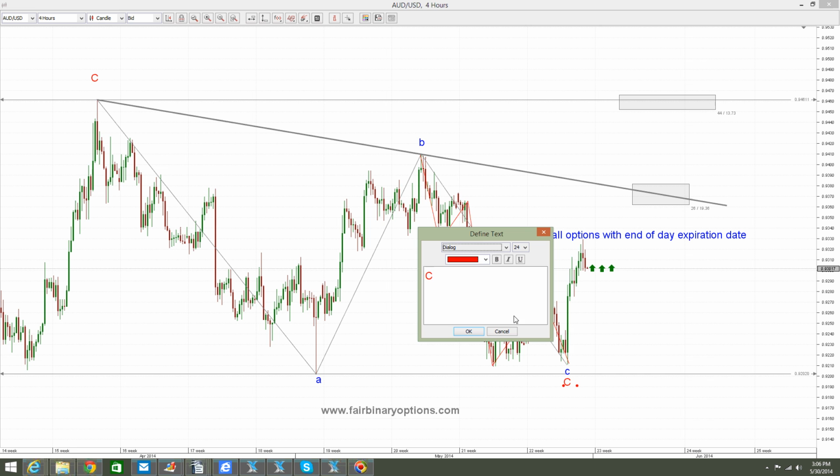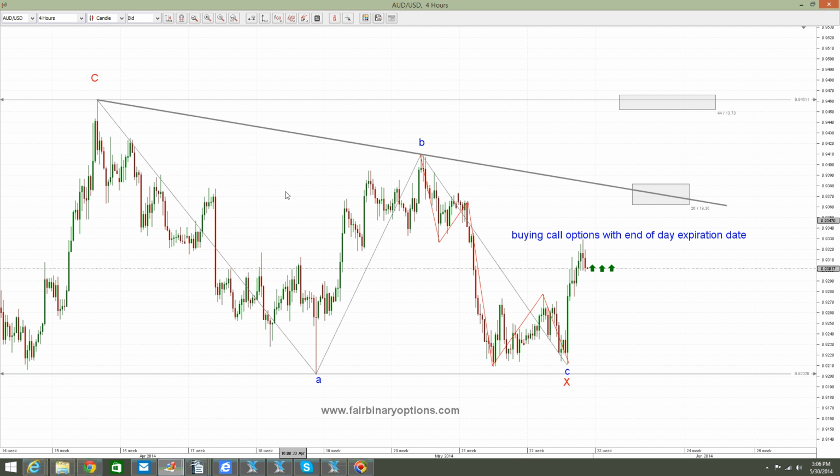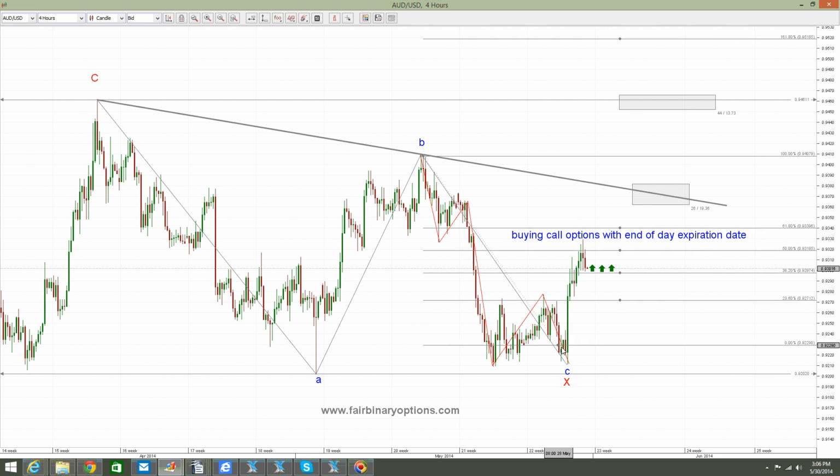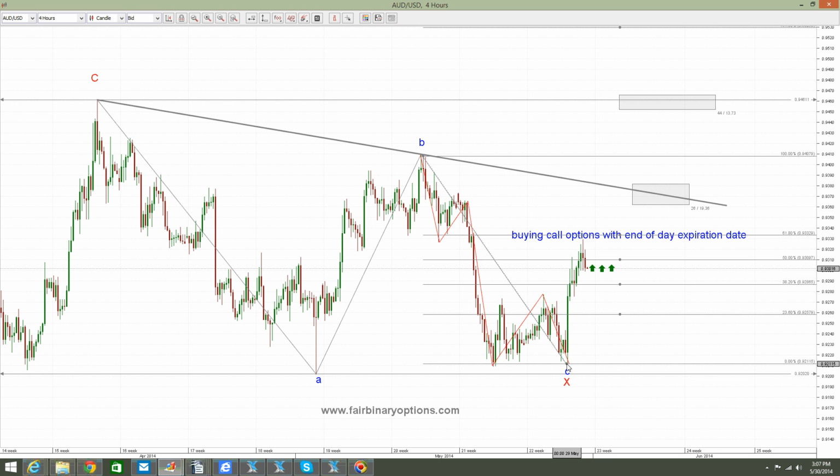How do we know that this flat actually completes the corrective wave to the downside, and the market is not making a new low here? Well, we have the answer from the Fibonacci retracement. If you take a Fibonacci retracement from here to here like this, you'll see the C wave here failed to take this low.